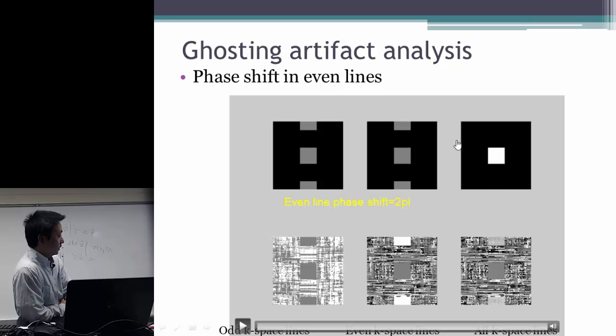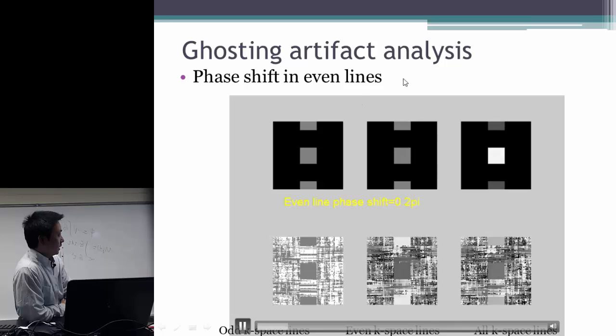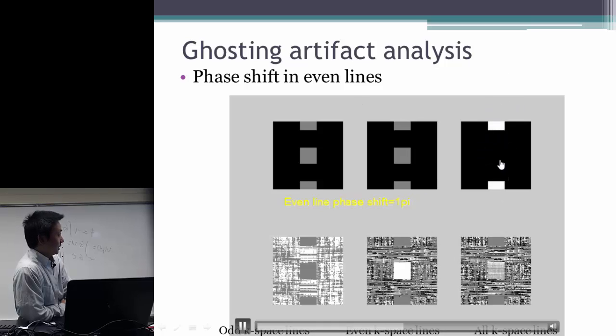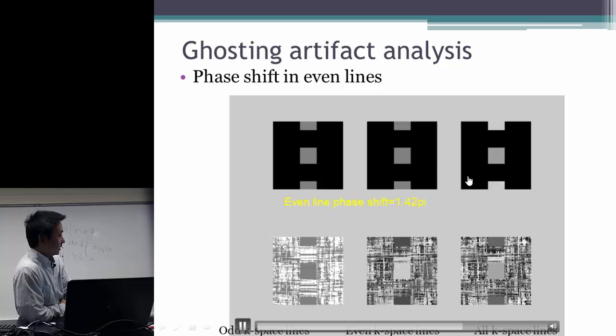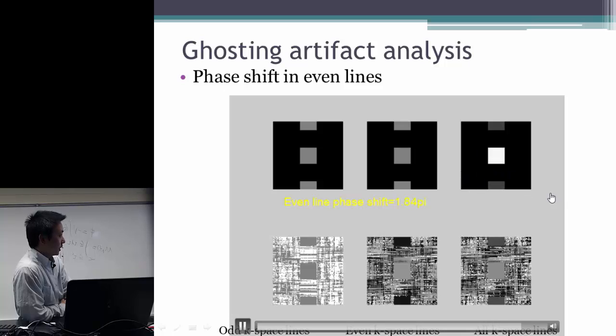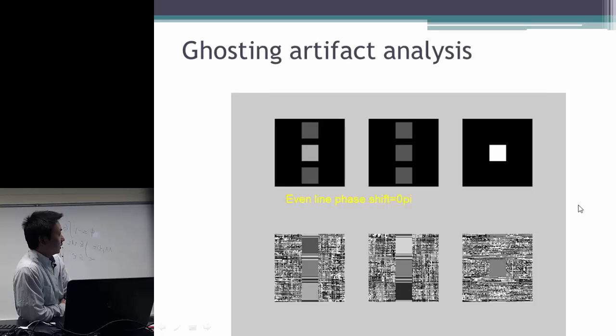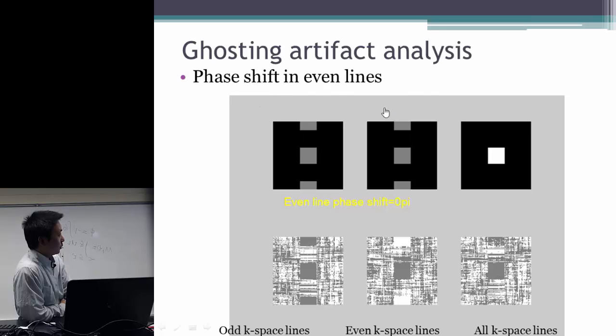The final image will also change, and we can see the ghosting. This is actually ghosting in this sense, because this is now a full K-space. Okay, so that's one for the even lines.